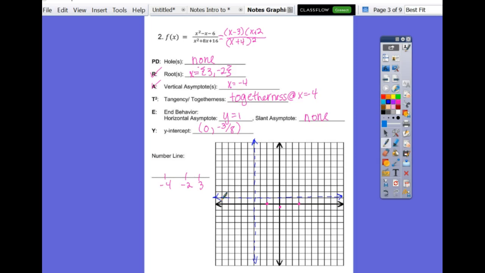Okay, so let's test. And remember, the alternating doesn't work this time because of the togetherness. So because of the togetherness, whatever happens here, what has to happen here? It has to be the same, okay? So let's get the first one right so we can get the rest of them right. So if we test -5, what happens?